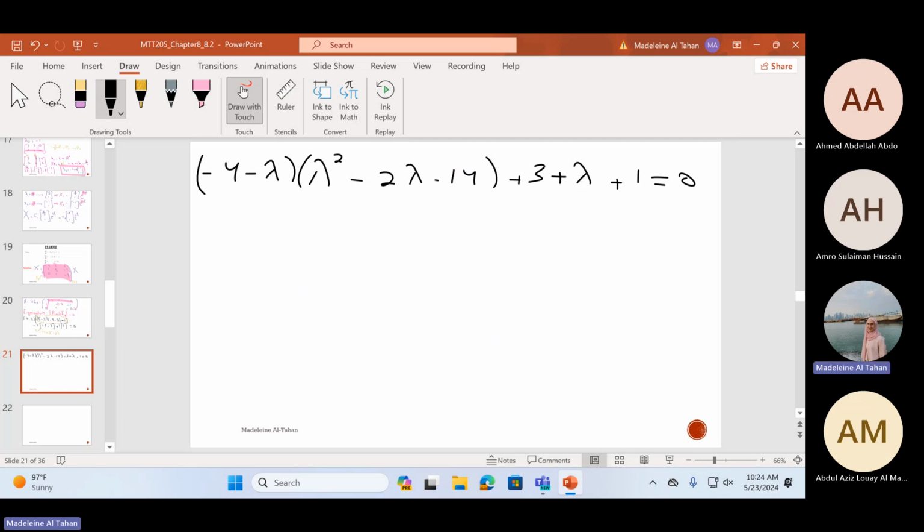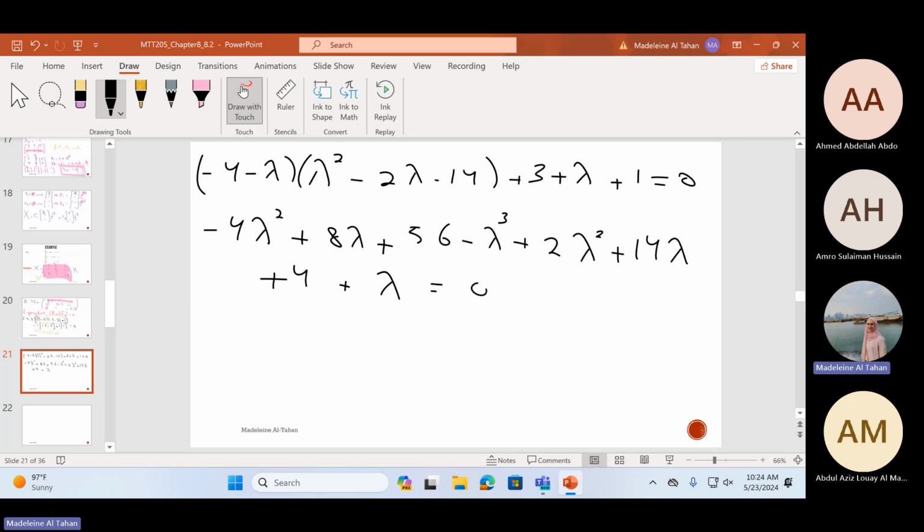Okay, expand again. What will we get? Minus 4 lambda squared plus 8 lambda plus 4 times 14, 56, minus lambda cubed plus 8 lambda squared plus 14 lambda. This is the first one. Is it correct? Plus 4 lambda equal to 0. What will we get now?